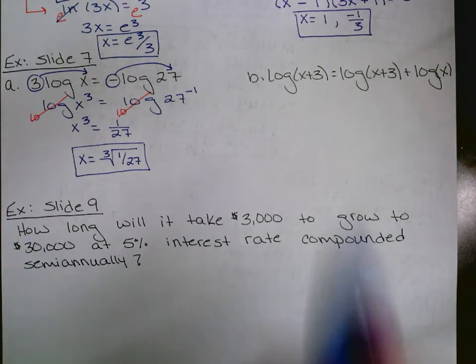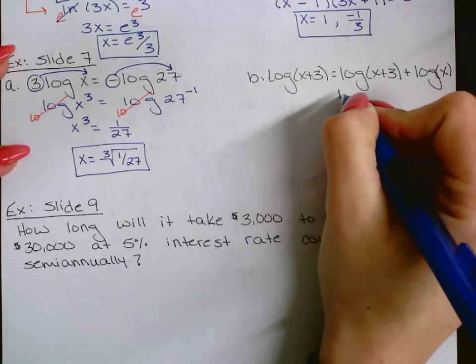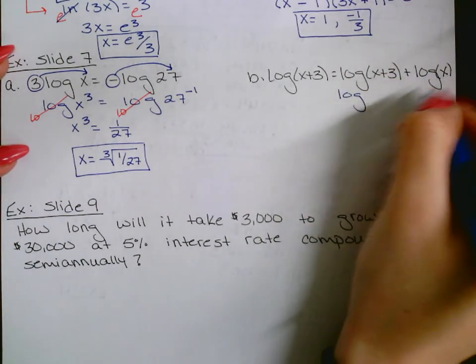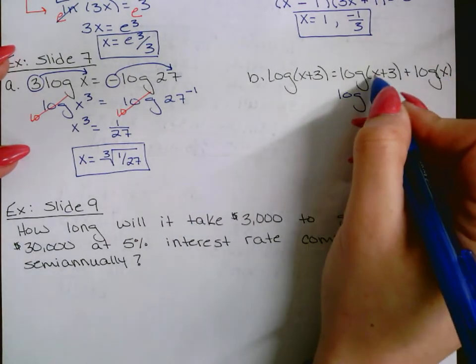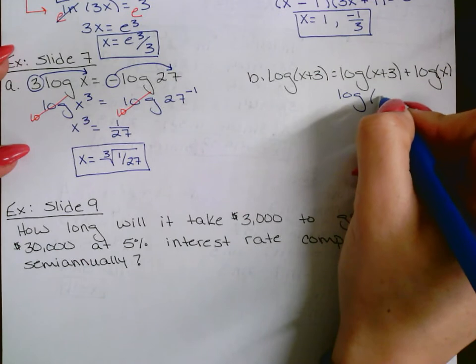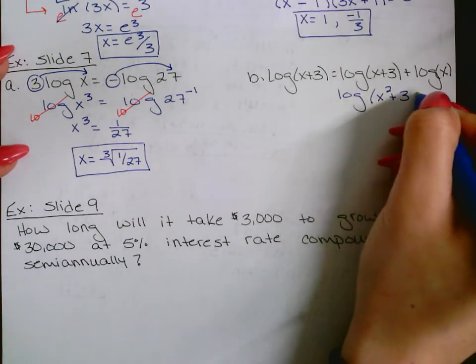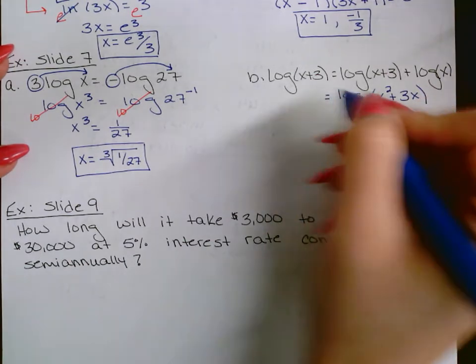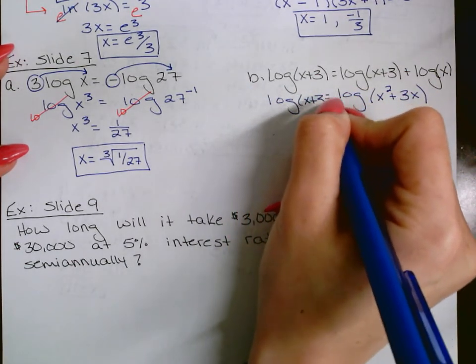So let's combine these 2 logs on the right here. Remember, 2 separate logs separated by addition, I would multiply the insides. So what is x times x plus 3? X squared, good, plus 3x. And then on this side, I have log of x plus 3.